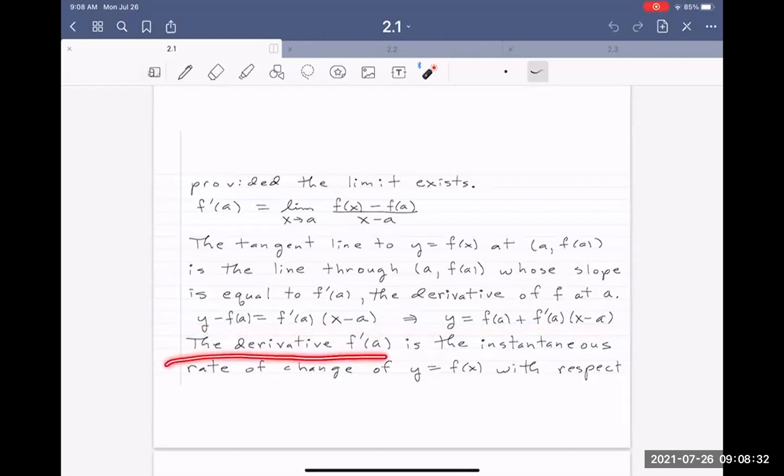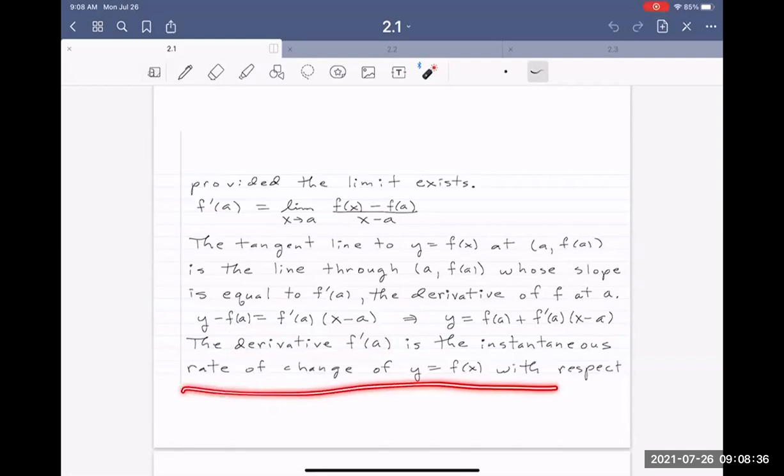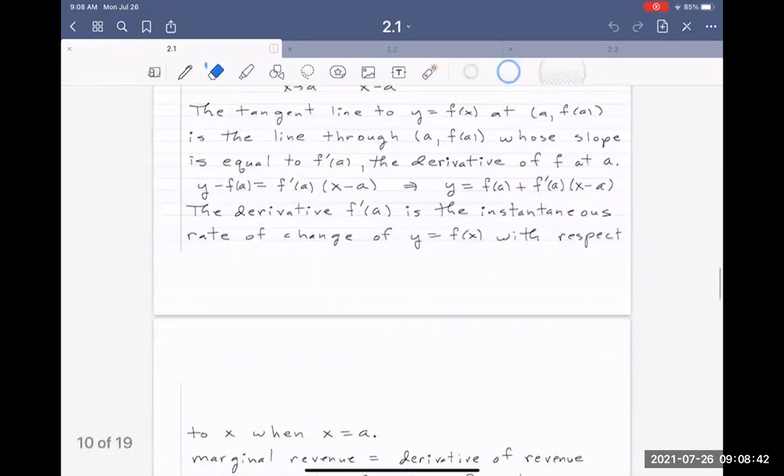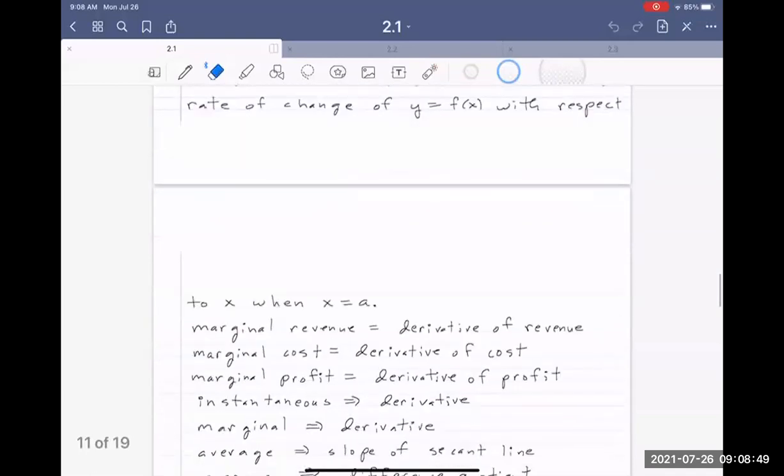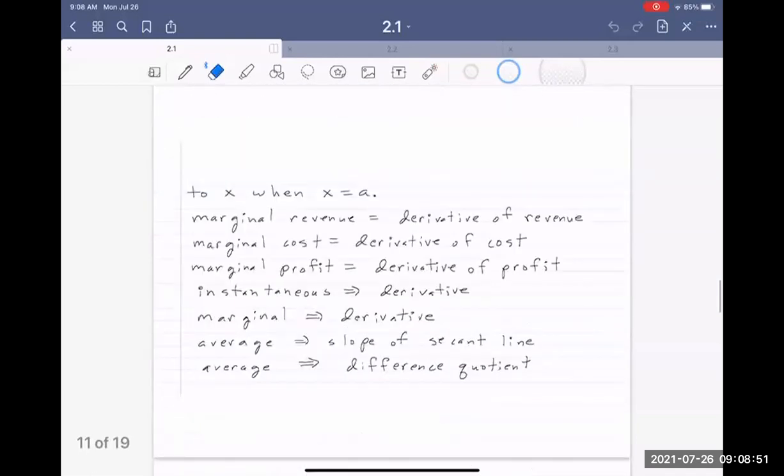The derivative, f prime at a, is the instantaneous rate of change of y equals f of x with respect to x when x is equal to a. Some terminology. Whenever you see the term marginal, think of derivative.